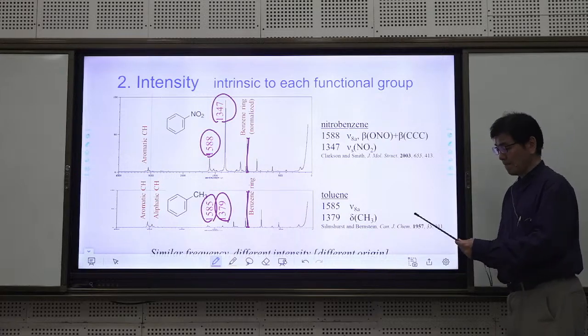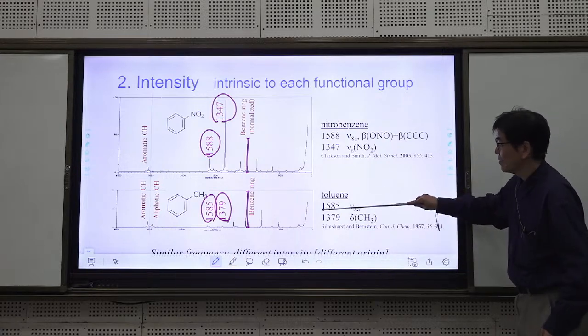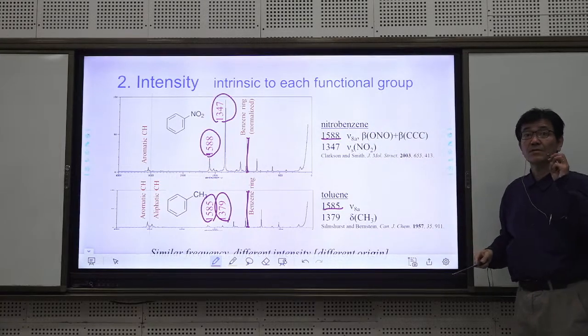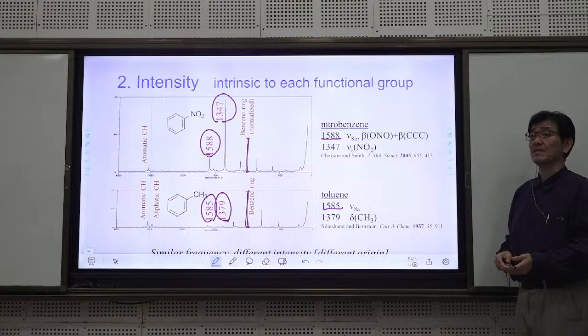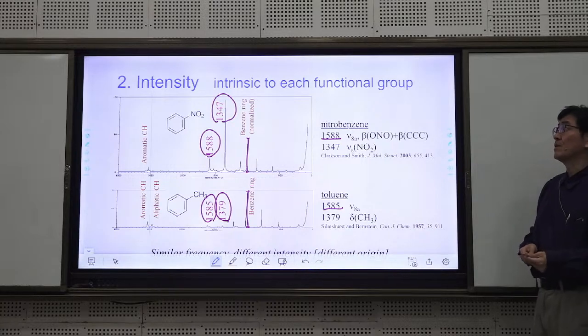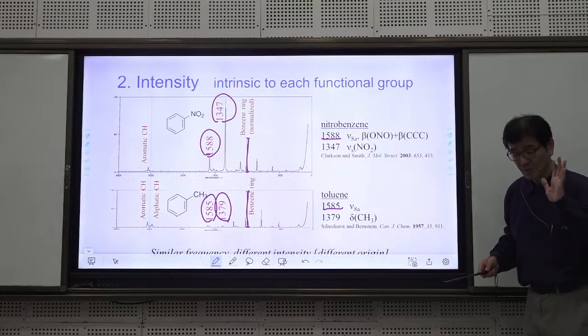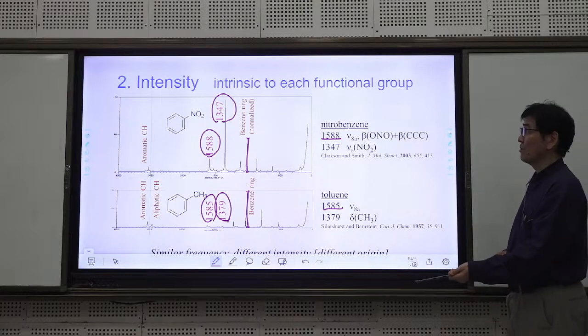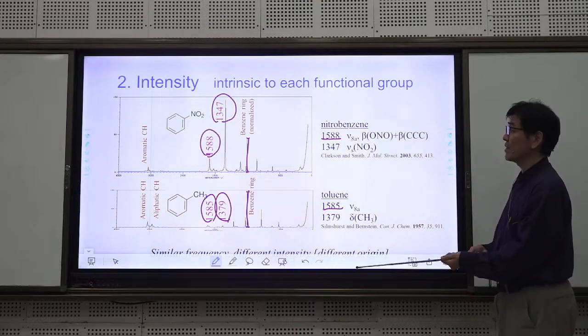Actually, the difference in the wave number is only 3 wave number, and it is sometimes negligible, or peak position may shift depending on the solvent or some environment. So we may give a wrong assignment.